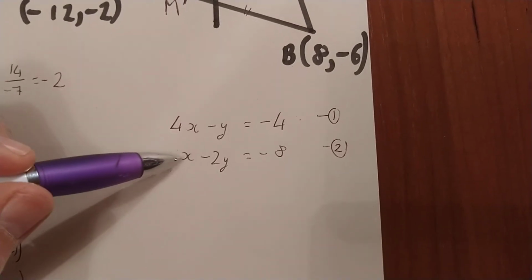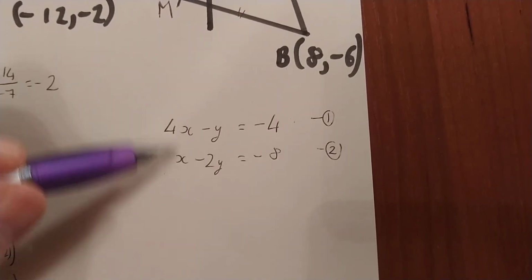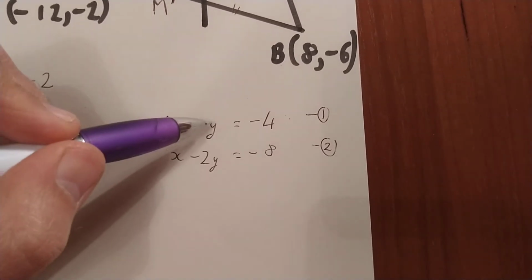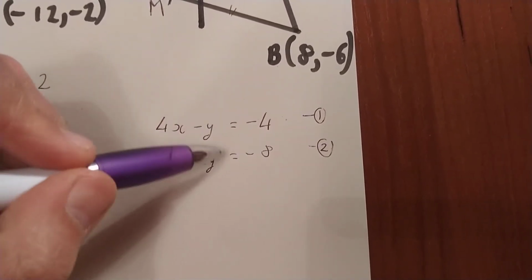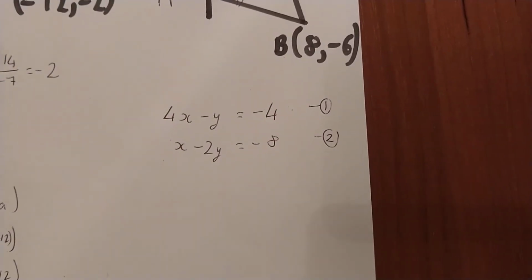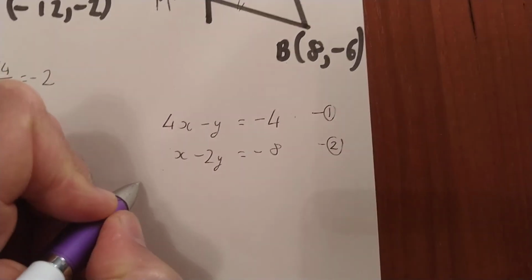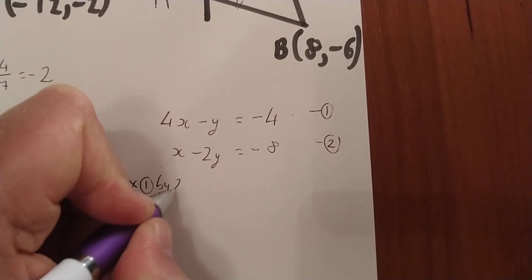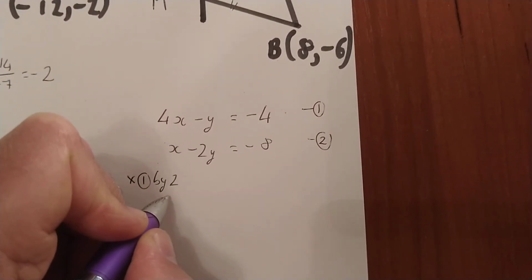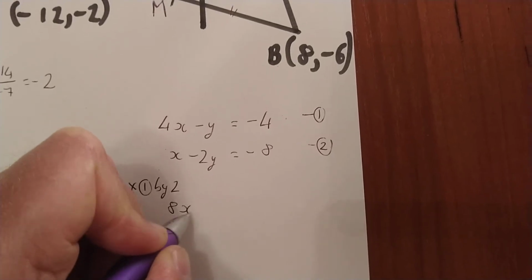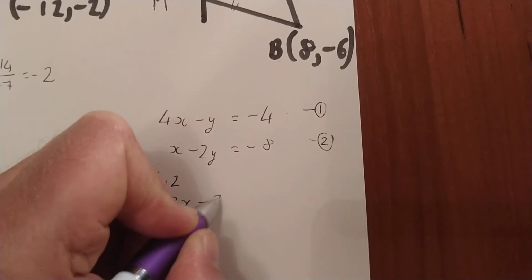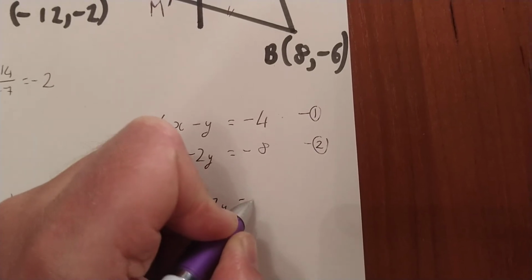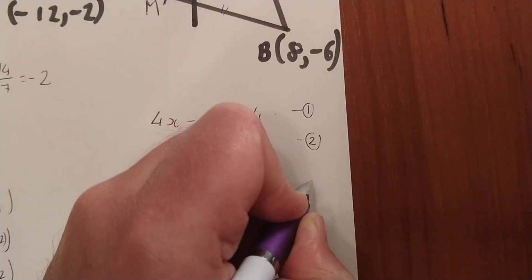I could multiply this equation by 4. That'll give me 4x's, or I can multiply this one by 2 to make it minus 2y, minus 2y. Six of one and half a dozen of the other really, so I'll say I'll multiply equation 1 by 2. That gives me 8x, take away 2y equals negative 8. That's equation 3.